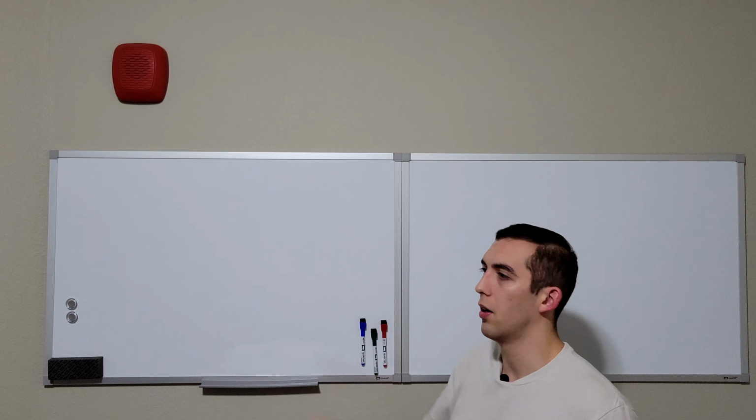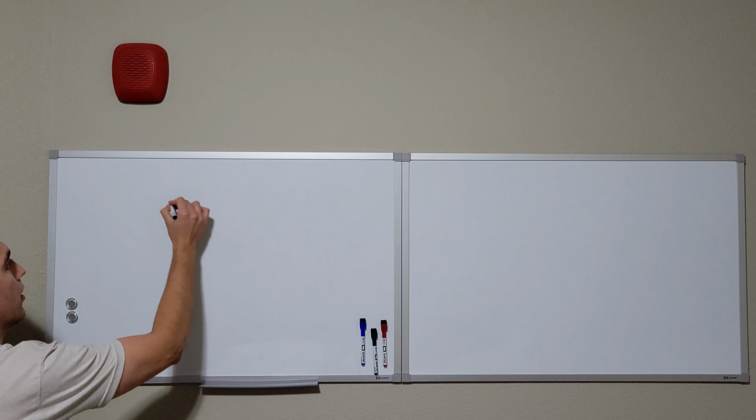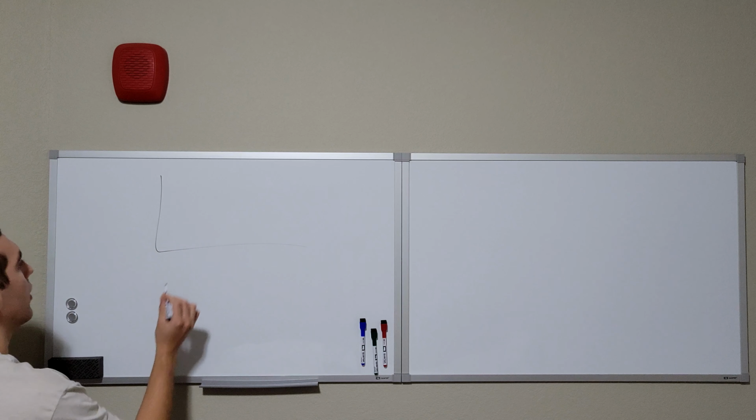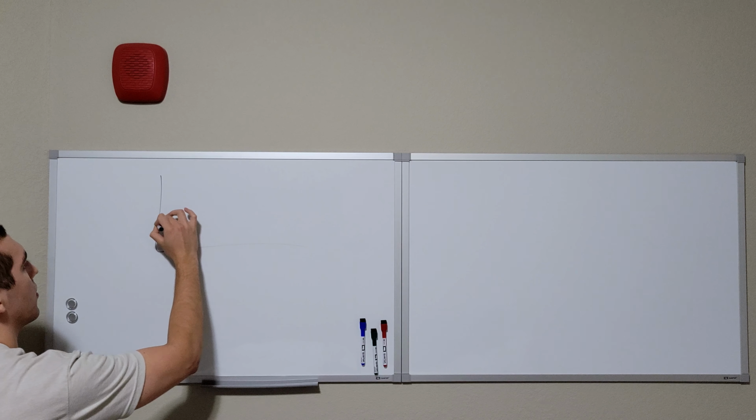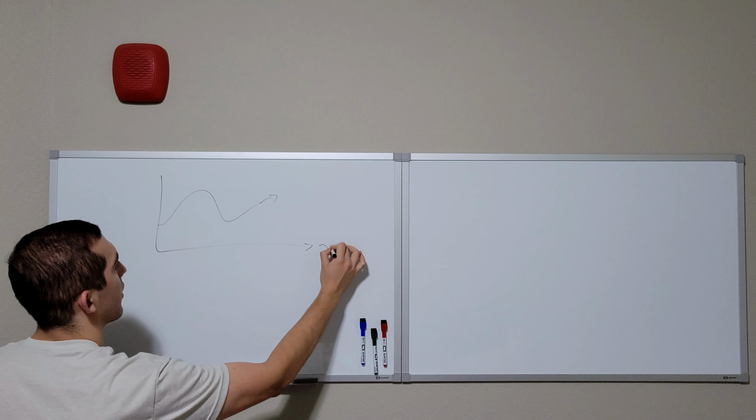Okay, so what is a limit? First, limits have to deal with graphs, so I'm going to draw a quick little function here, right? And I'm going to say that this function goes like that. This is our x and our y.